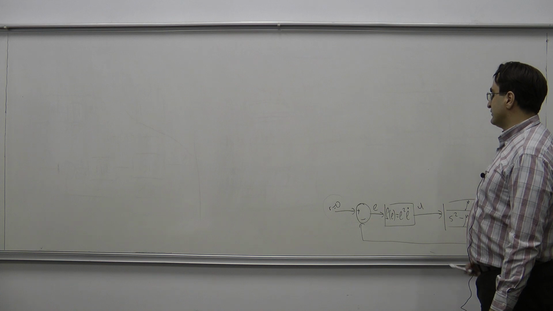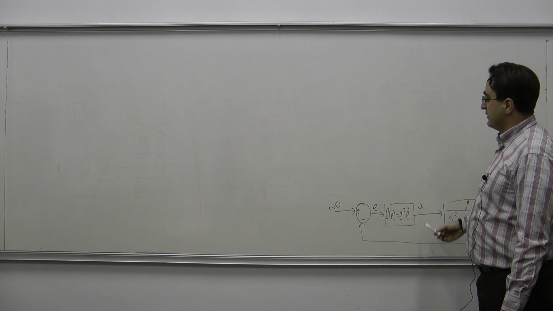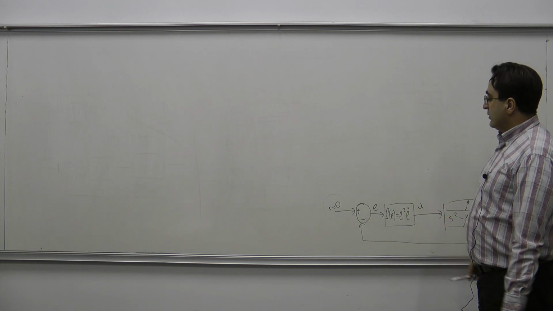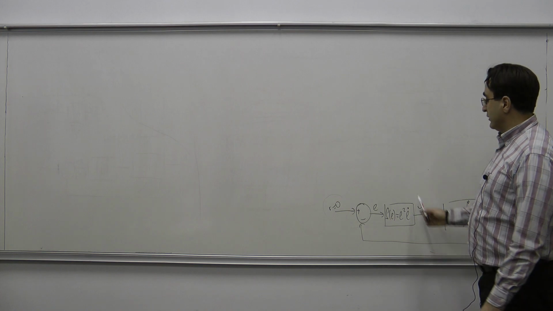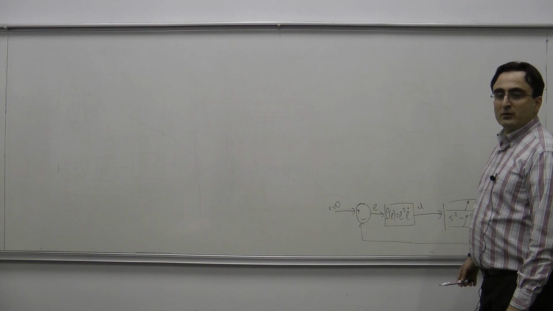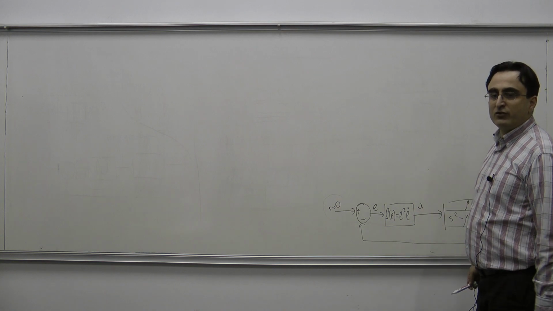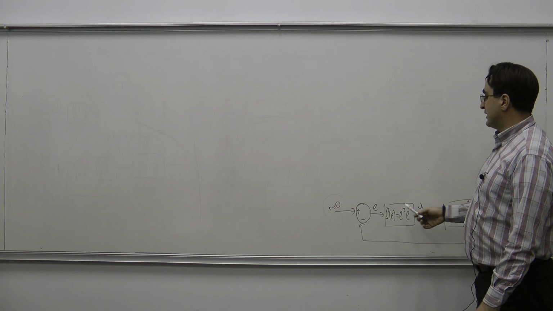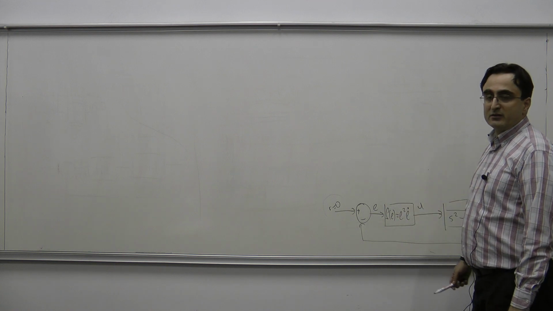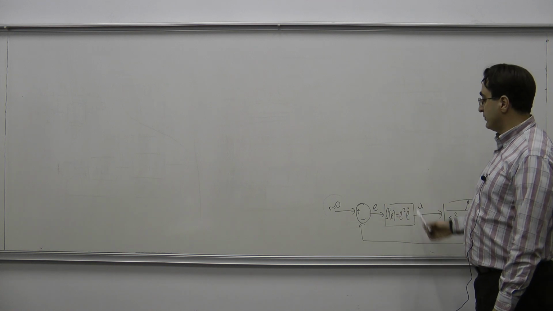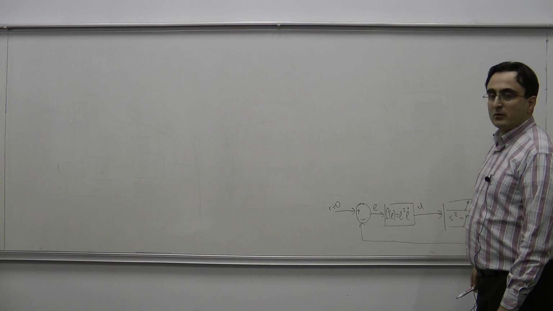Describing function analysis replaces this nonlinear component with one type of linearization of this nonlinear component. Okay? And that linearization, or the linear block that we are going to replace this nonlinearity with, is going to be called the describing function of this nonlinearity. Okay?